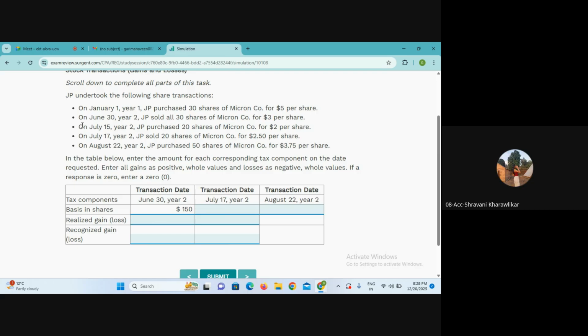But this is for June 30, so the second one will come, right? Yes. Then on June 30, they are selling all 30 shares for $3. Then on July, they are purchasing 20 shares for $2.